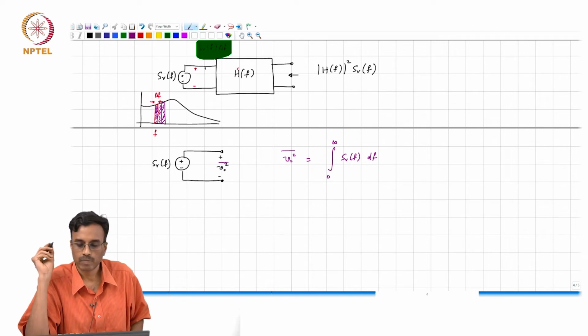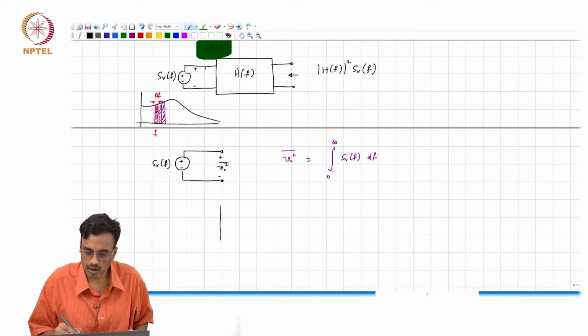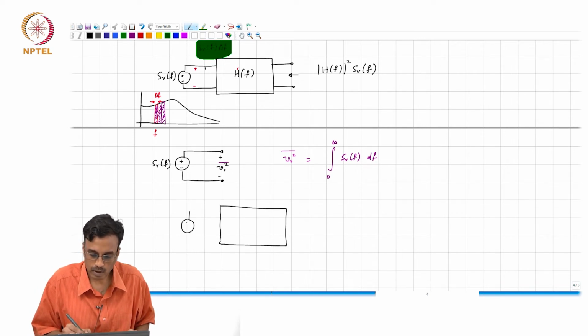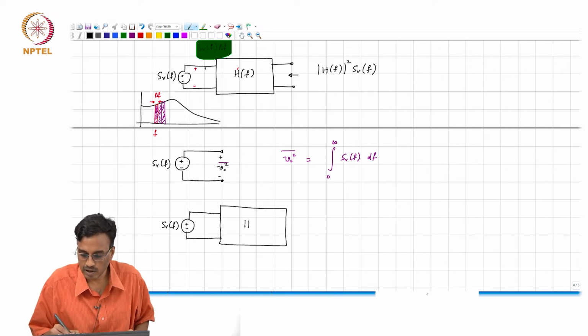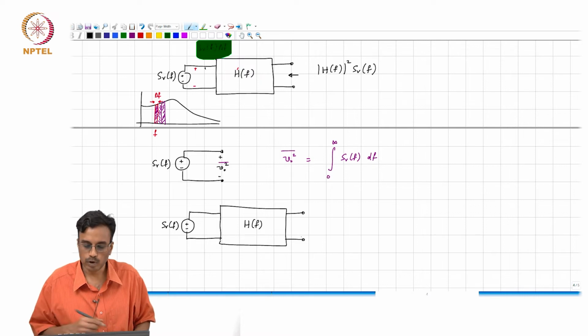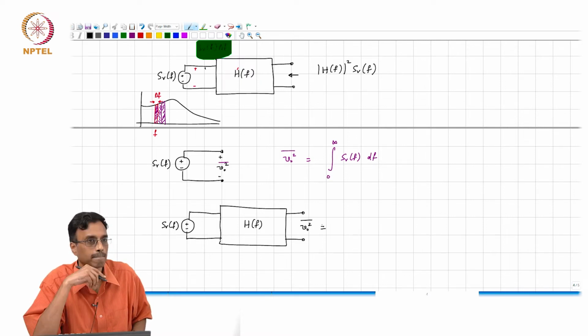All right. Now we just put together everything that we have seen. Let us say you have a noise source with a noise spectral density SV of f. This is H of f. What is the output noise spectral density?